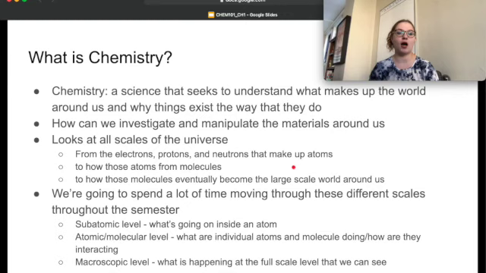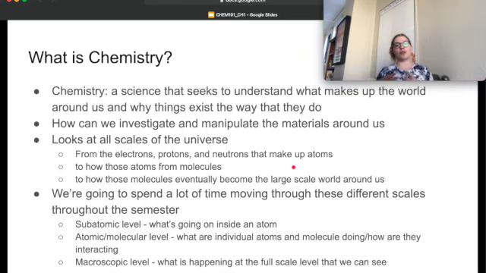So, what is chemistry? Chemistry is a science that seeks to understand what makes up the world around us and why things exist the way that they do. When we're talking about chemistry, we're trying to get down to the nitty-gritty details about why the world is the way that it is when we're talking about the substance and the stuff that makes up the world.